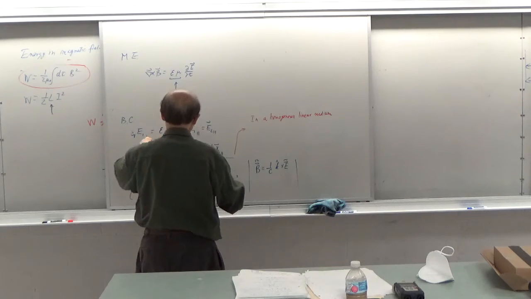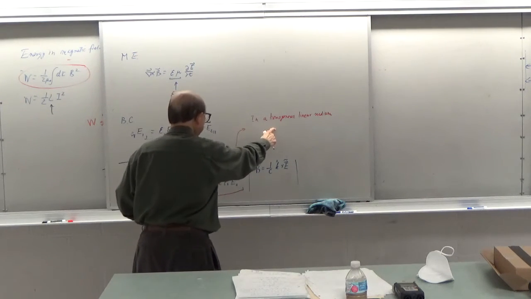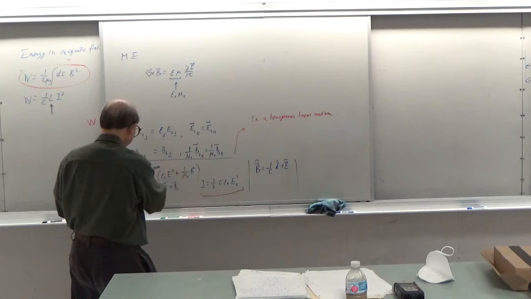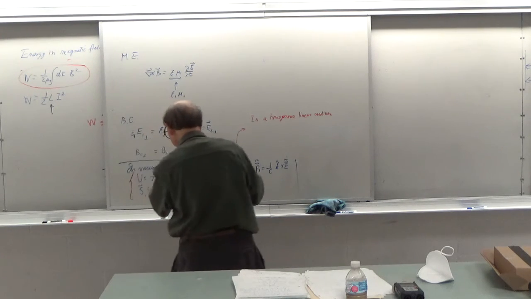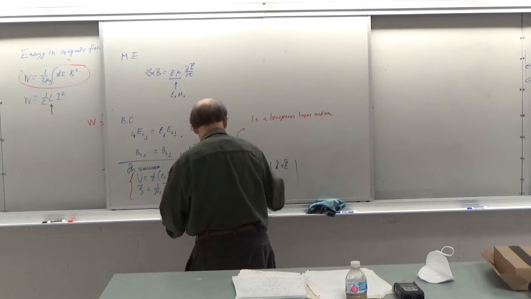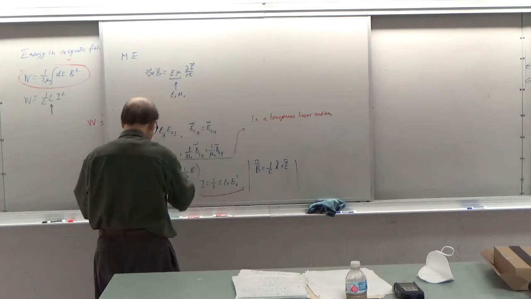So for the case of a homogeneous linear medium, all you have to do is replace epsilon naught by epsilon.